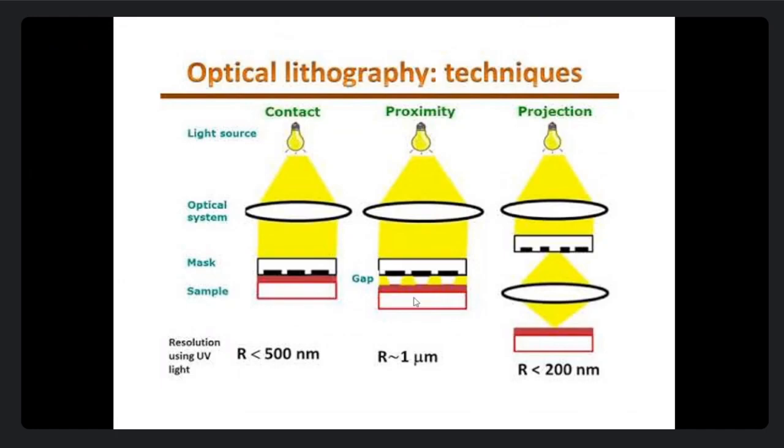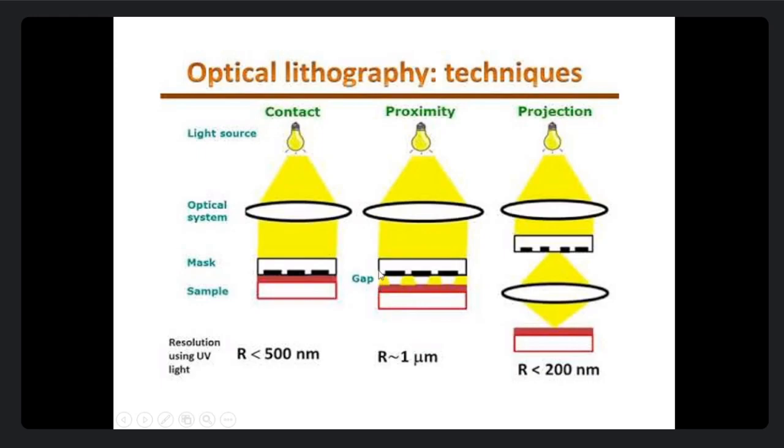We try to draw a figure to understand what would happen with the variation in the gap. So we take different positions of this mask with respect to this PR coated wafer.